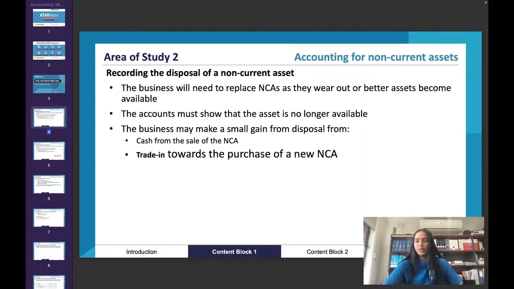So the non-current assets that businesses own can either become worn out or damaged as they age or become older, or they can be superseded by newer models of that same asset. So, for example, say if the business owns a laptop or a computer, and they've had that laptop for 1 or 2 years, and then after those 2 years, say if it's an Apple laptop, Apple decides to come out with a newer model of that same laptop.